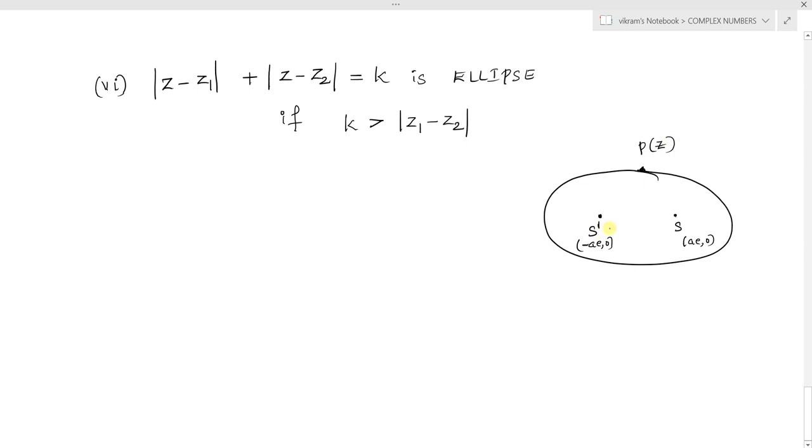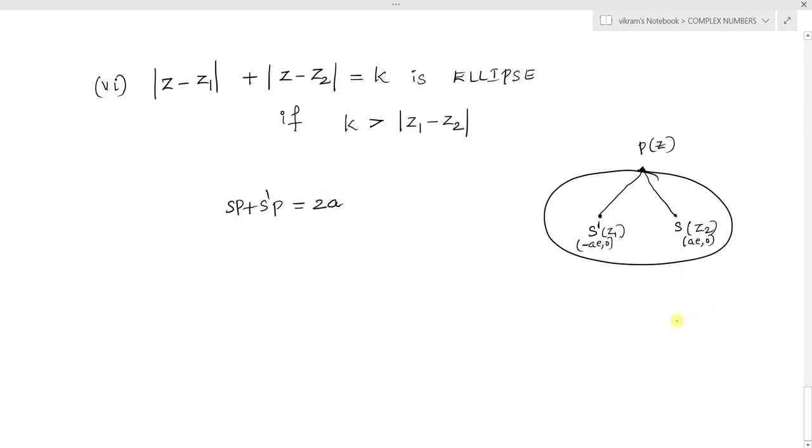Here S' is represented in terms of complex numbers as z1 and S as z2. We know that in an ellipse, SP plus S'P equals 2a.